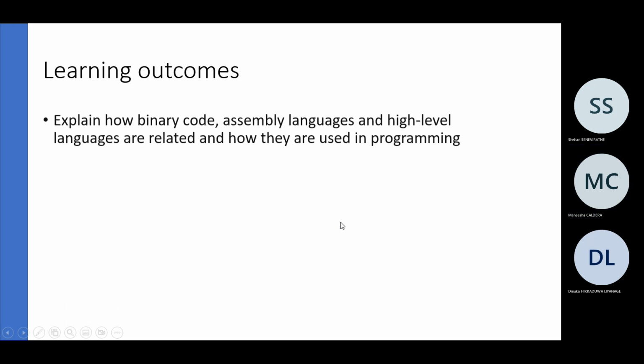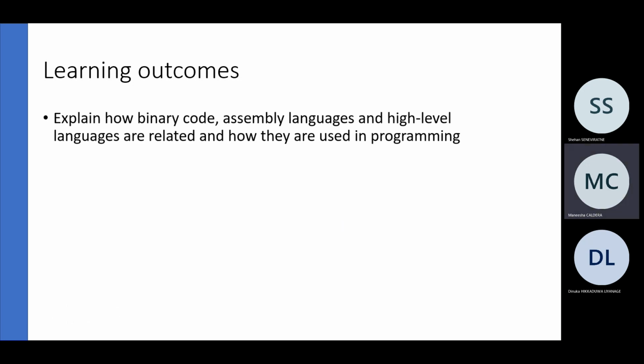We are going to discuss some important things today: how binary code, assembly languages, and high-level languages are related, and how they are used in programming. As you already know, we don't work much with assembly languages at the moment, but we always focus on a programming language whenever we get a problem because it's much more familiar for us.